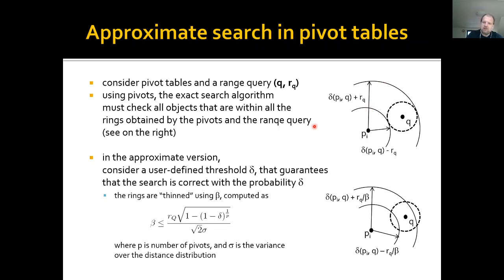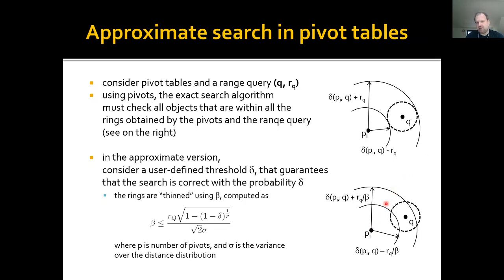The approximative technique is basically thinning this ring to something smaller, so the interval gets reduced by some beta, and therefore the searching is in small intervals, so much more data is filtered out from the search instantly.